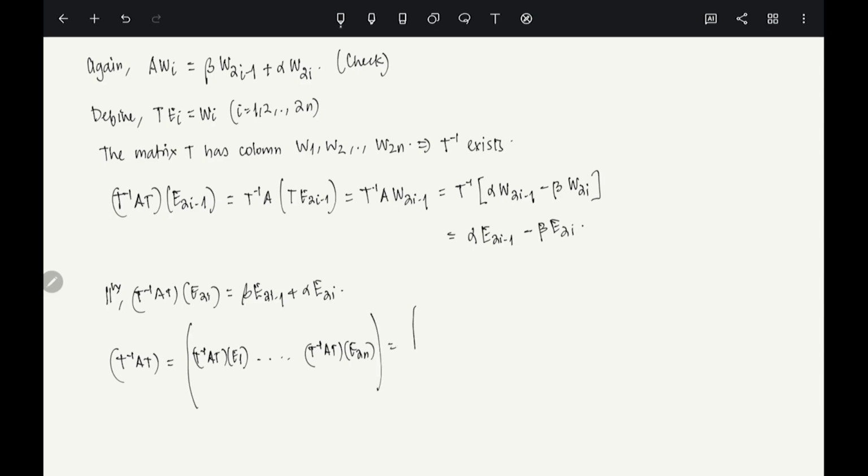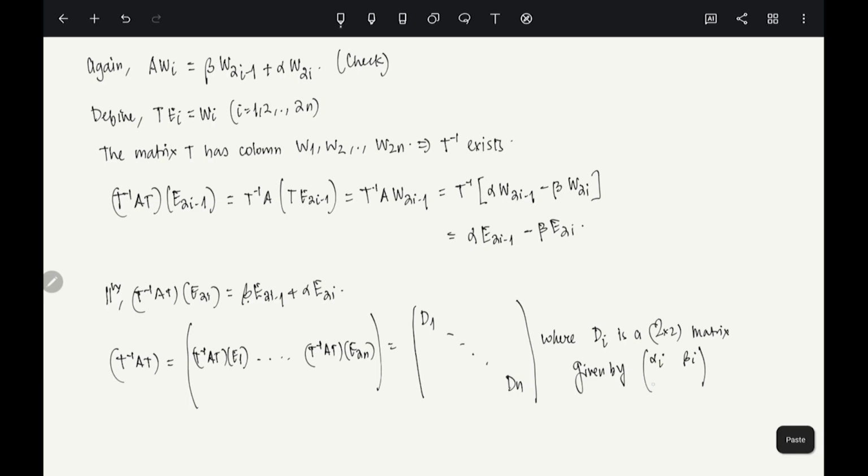So it is basically nothing but this block matrix D1, ..., Dn, where Di is a 2 cross 2 matrix given by alpha_i, beta_i, minus beta_i, alpha_i.